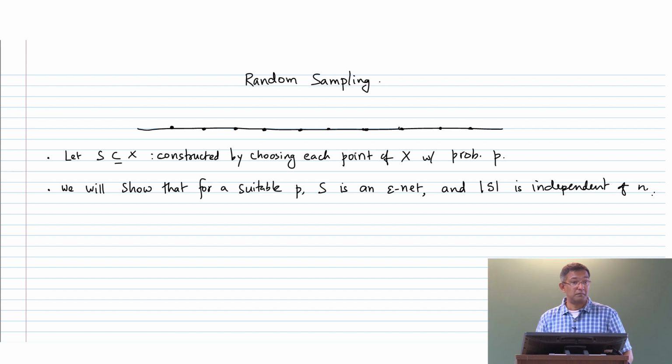Okay. So the idea is now we've thrown out all these complicated combinatorial arguments and said let's just sample points with probability P, and this should be an epsilon net if you sample with the right probability.